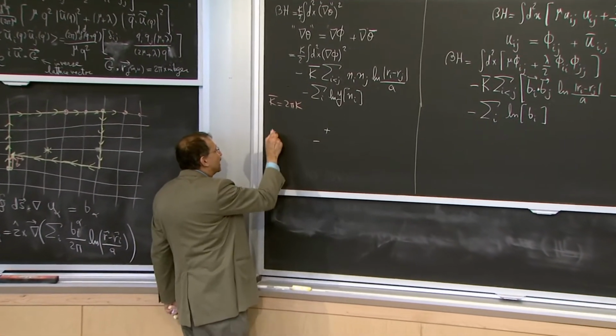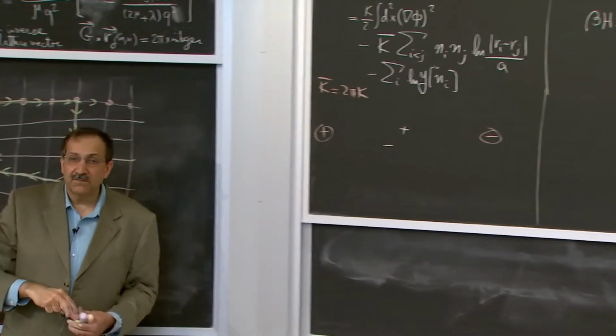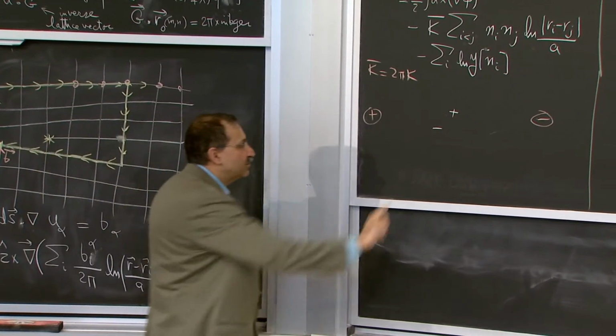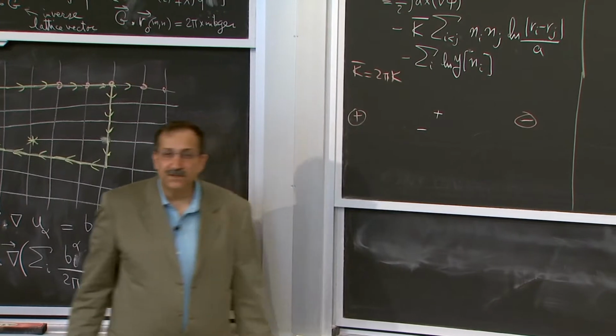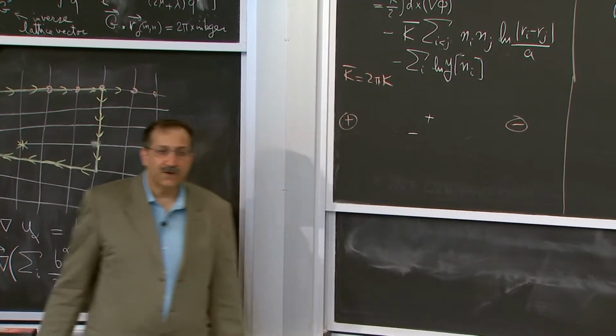For example, if I have two test charges, then there will be some polarization of the medium, some reorientation of these charges that appear that weakens the effective charge here.